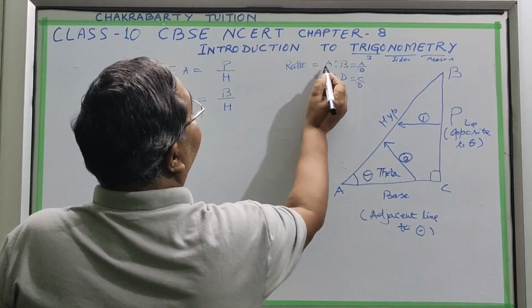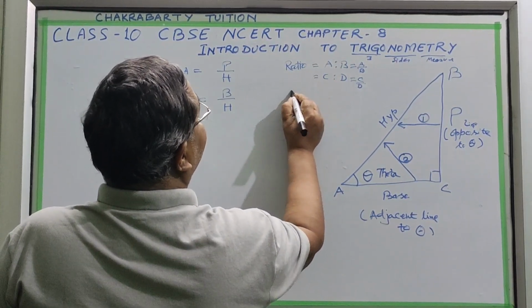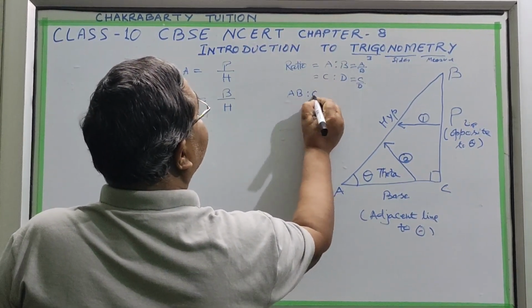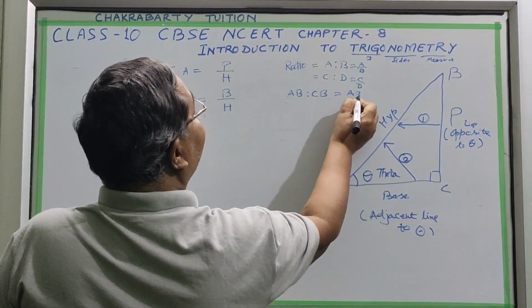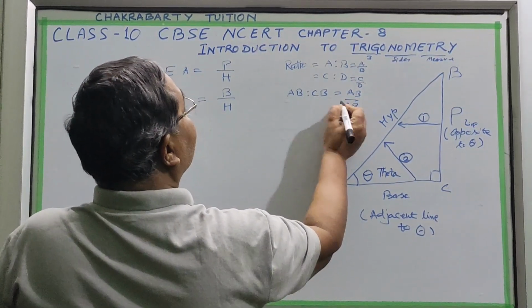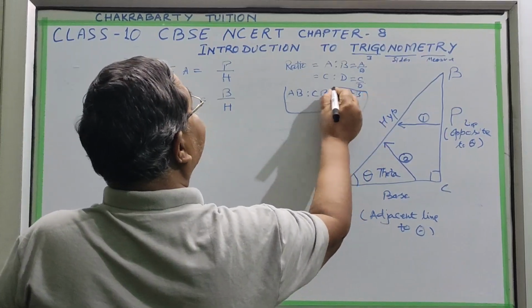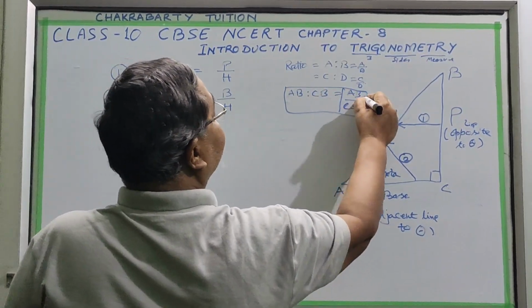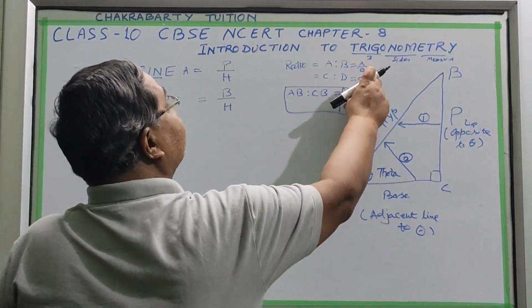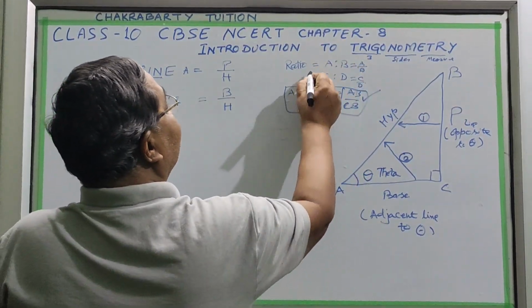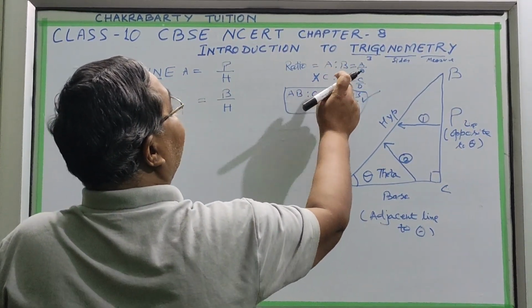In the same way, suppose one line is AB and the other is BC. We can write its ratio as AB upon CB. So ratios we can write in this way. We will use this in trigonometry because it makes it easier to multiply or divide.